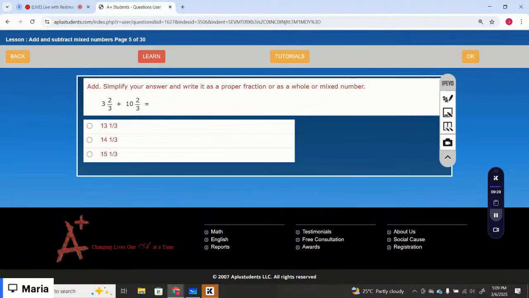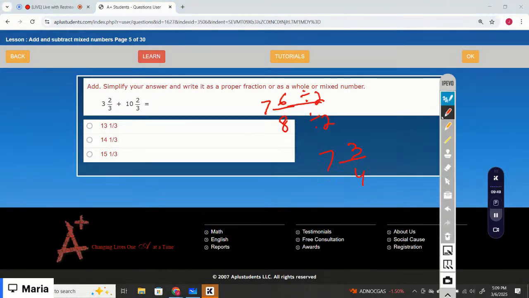3 whole 2 by 3 plus 10 whole 2 by 3. So which is the correct option? So add the whole numbers. 10 plus 3 makes 13 and 2 plus 2 makes 4.